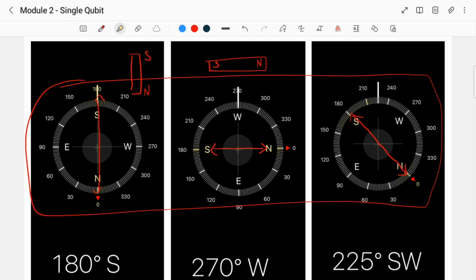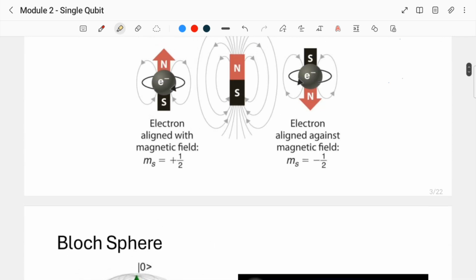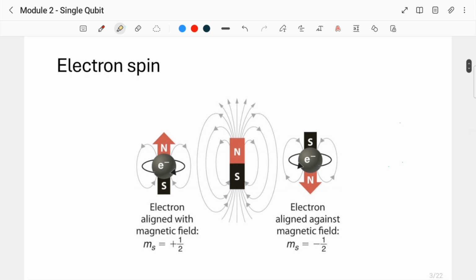Now, it is an example, and at the same time, this is how actually qubits work. I'm pretty sure you've heard of quantum computers, we talk about electron spins. So you see the electron spin. This is our applied magnetic field here. And the qubit, or the electron spin, will align according to this magnetic field.